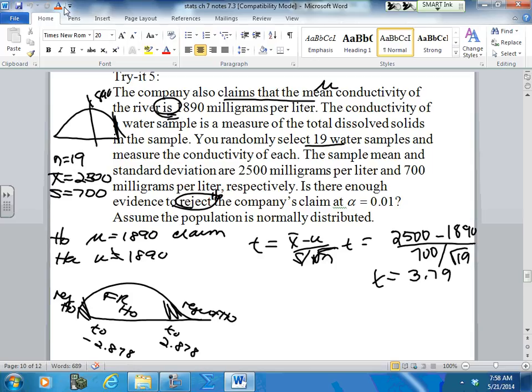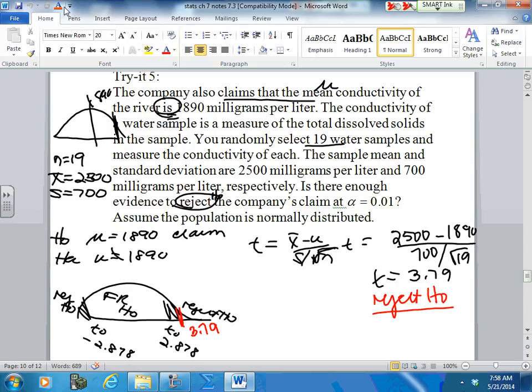Your sample is well above it. It has to be positive, right? It's falling to the right somewhere. So your t-score has to be positive. So 3.79? Good? Okay, now, that falls way into your reject zone. Even though the level is small, it falls in your reject H0.